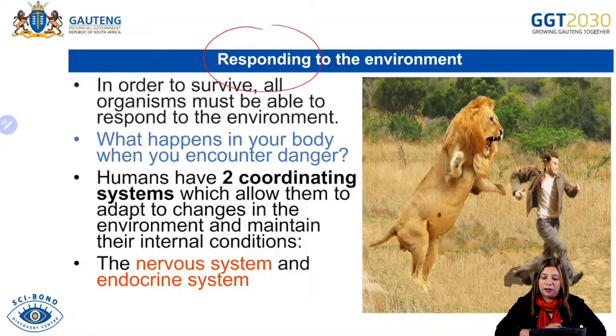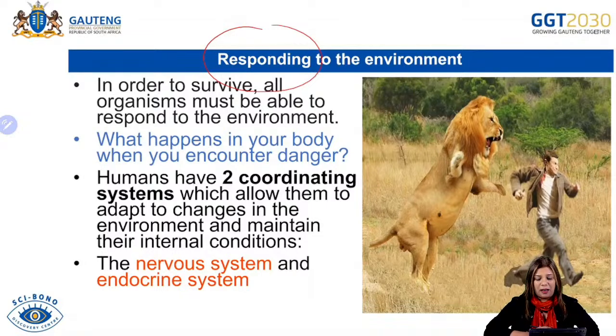Now, if you look at this gentleman in this picture, like all animals and all plants, they have defense mechanisms to protect themselves against the outside. And the way we have been created, we have what is called sense organs. We are able to see danger approaching, we are able to hear, we are able to taste, and we have senses which also make us aware of what is going on around us.